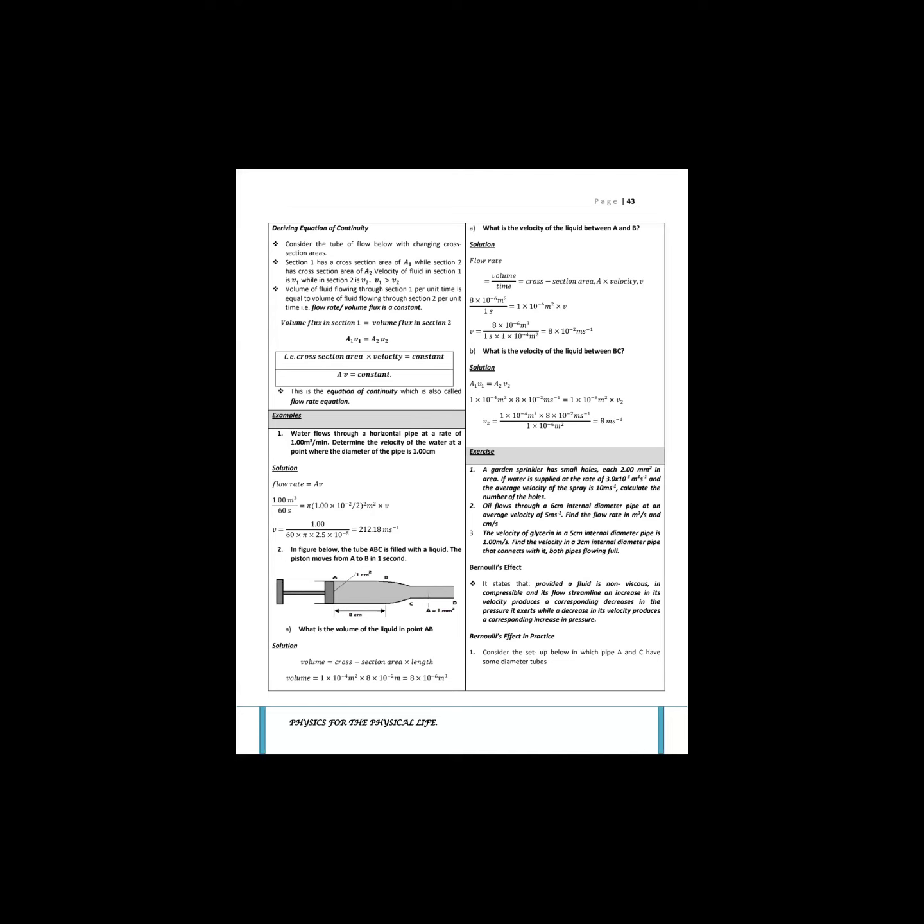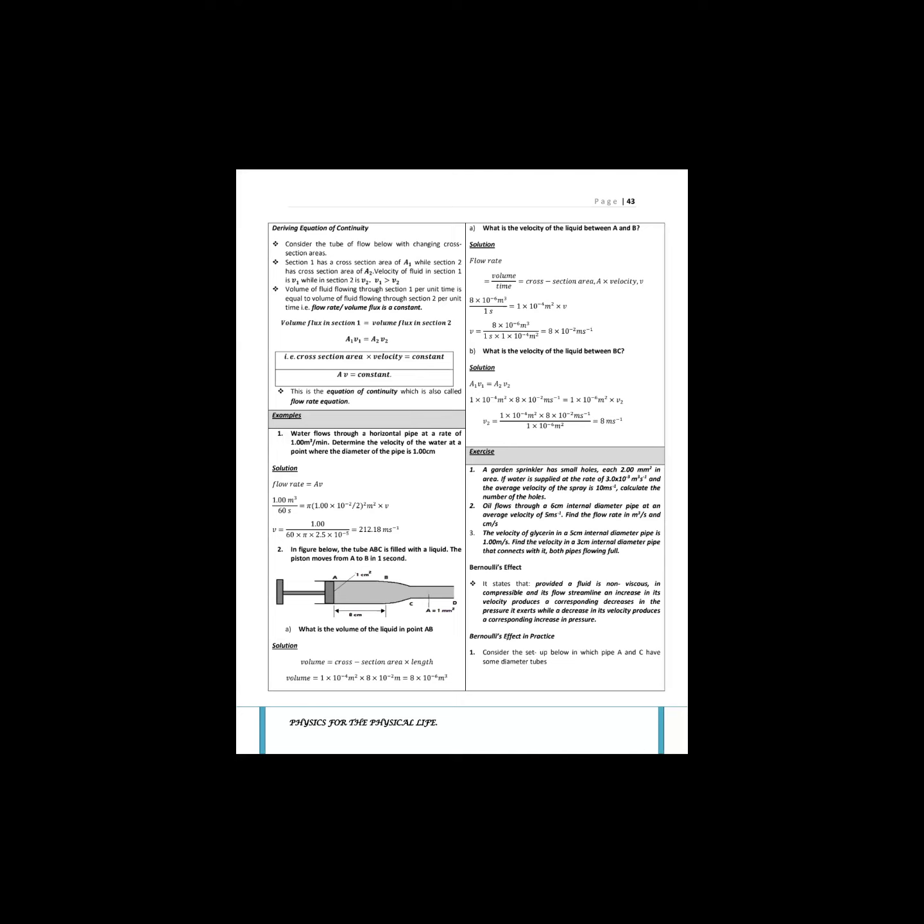What is the formula to find the volume of a cylindrical instrument? Pi r squared h.